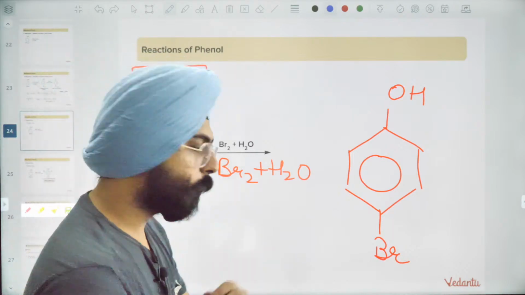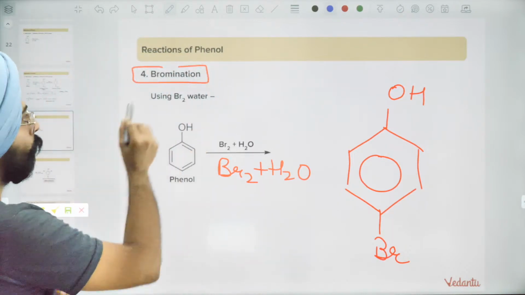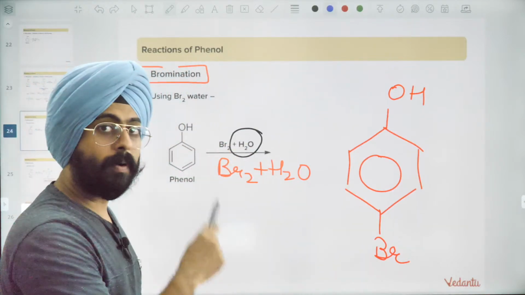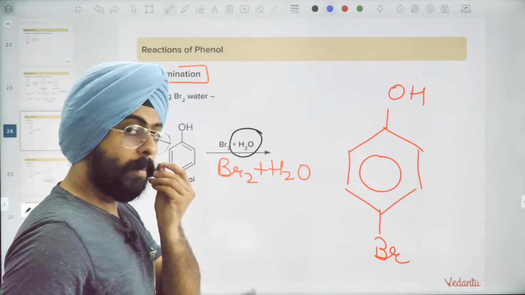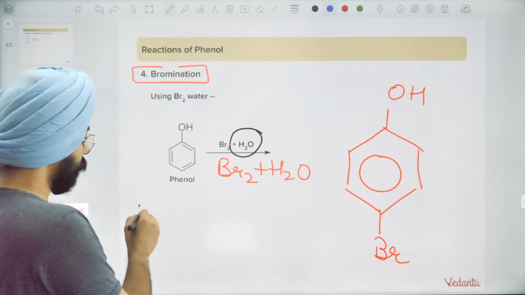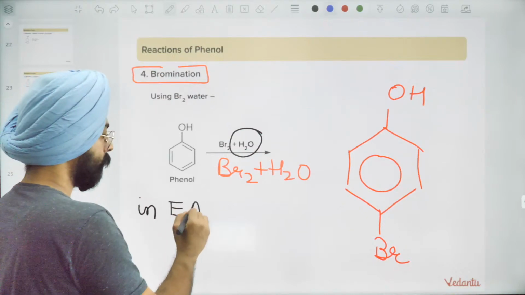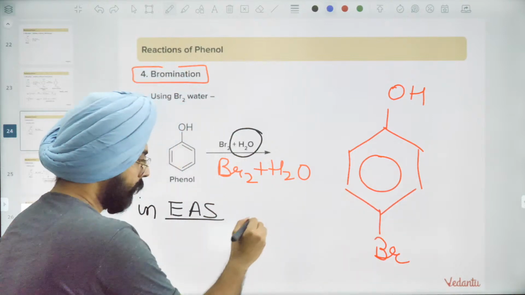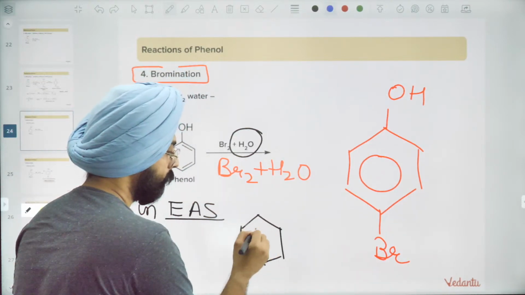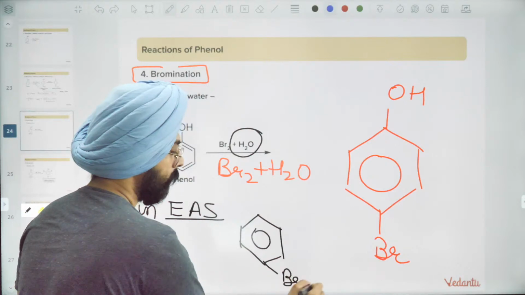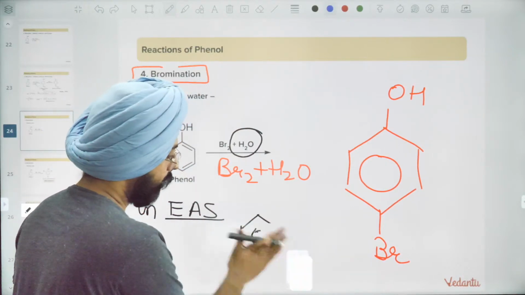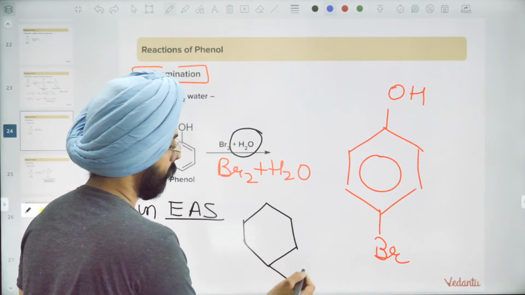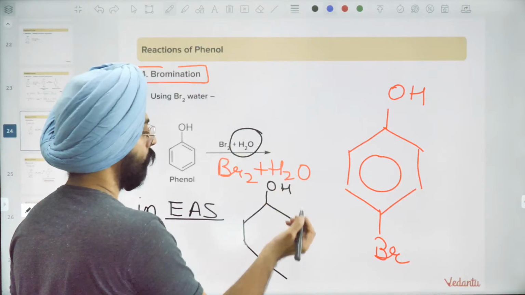But my dear friends, what ends up happening when you brominate phenol in the presence of water, जब पानी present है, when you have water, my dear friends, do you realize that in the case of electrophilic aromatic substitution, what is the intermediate? The intermediate will be a carbocation, isn't it? यहाँ ब्रोमीन आके लग जाएगा जब, and when you will also have the hydrogen over there, ठीक है, यहाँ पे OH है अपने पास, cool.